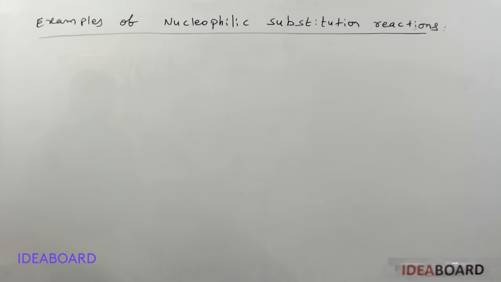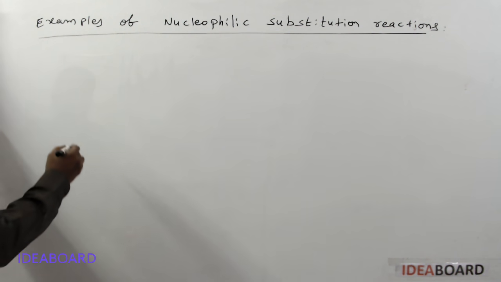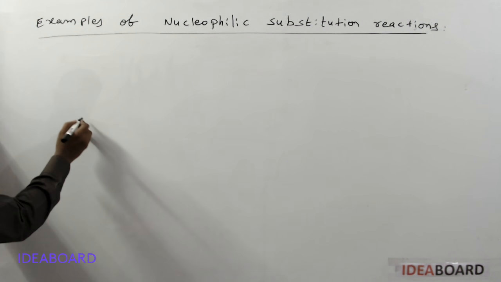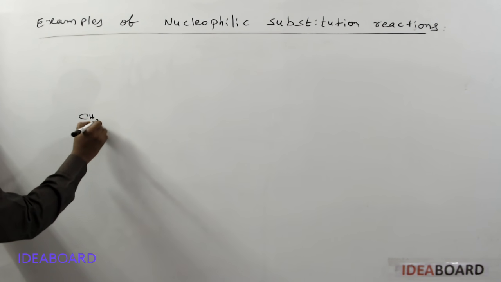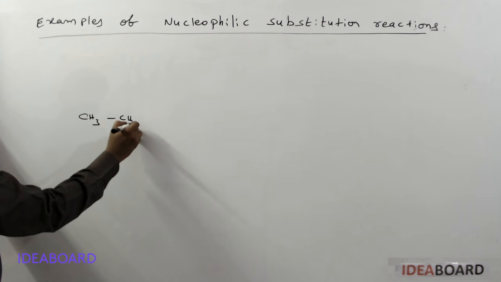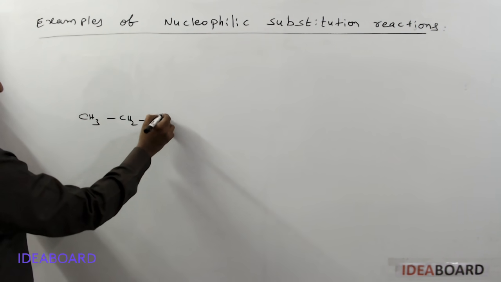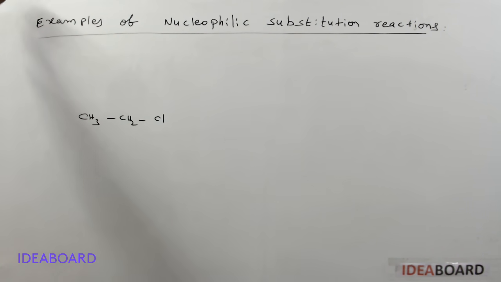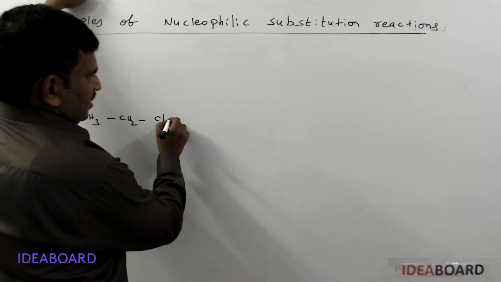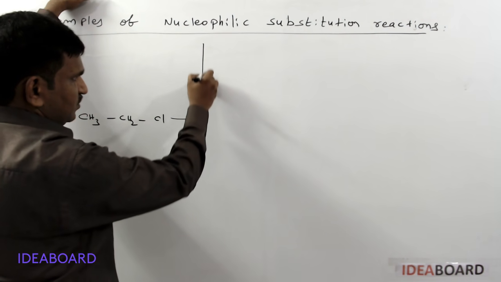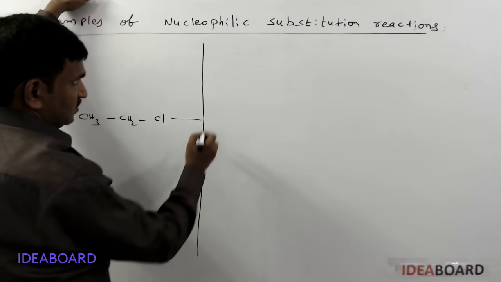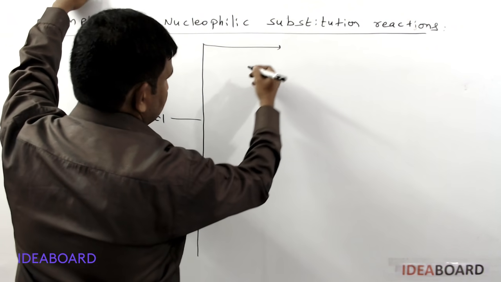Some examples of nucleophilic substitution reactions. For example, I am taking CH3CH2Cl, ethyl chloride. Ethyl chloride reacts with different nucleophiles. How does it give the products?